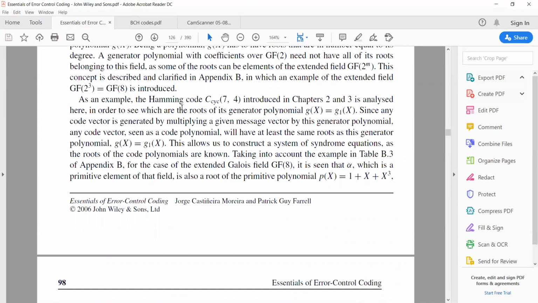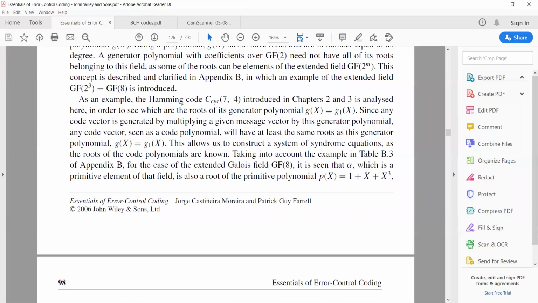We know that any code vector Cx will be generated by multiplying mx and gx. So any code vector seen as a code polynomial will have at least the same roots as this generator polynomial. In case of cyclic code, the code vector is generated by multiplying the generator polynomial with the message polynomial.